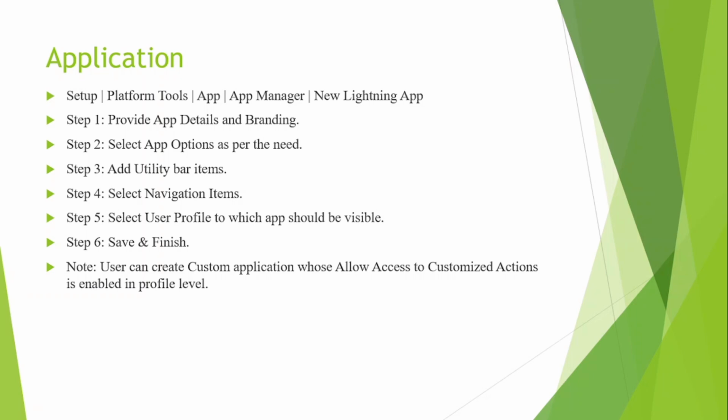Next, we select app options as per our need. In the next step, we add utility bar items. Next, navigation items. Next, selecting the user profiles to which the app should be visible. And finally, we click on Save and Finish.